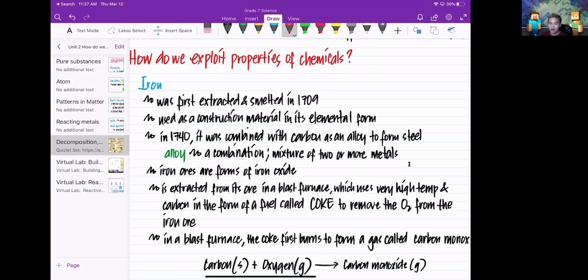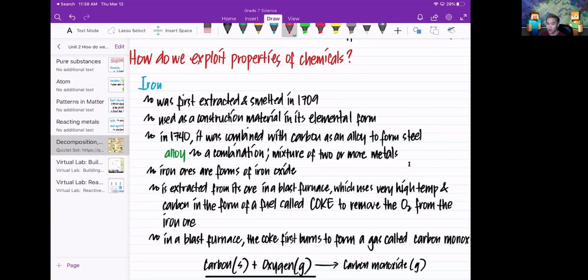Iron ores are forms of iron oxide. Again, we can extract it from hematite. And iron is extracted from its ore in a blast furnace, which uses very high temperatures, and carbon in the form of a fuel called coke.